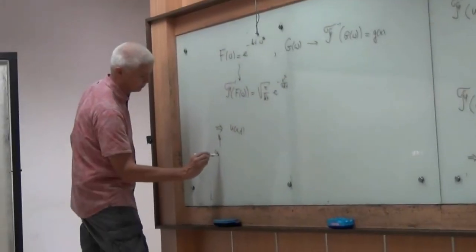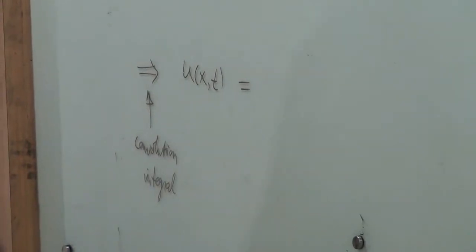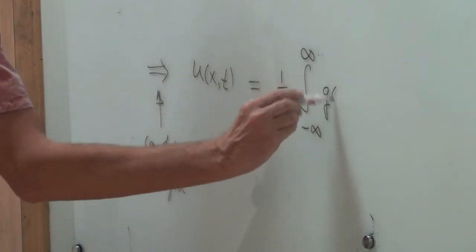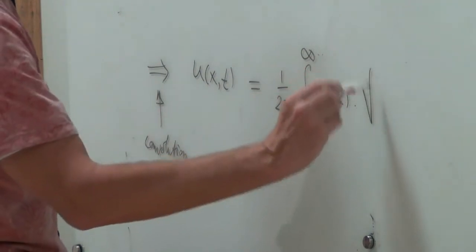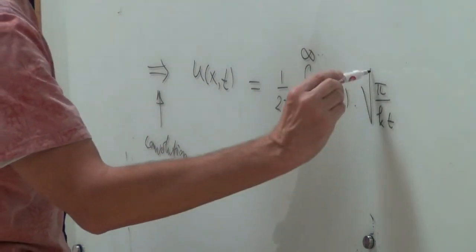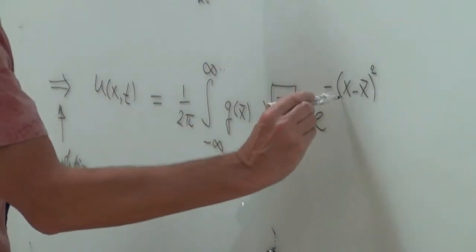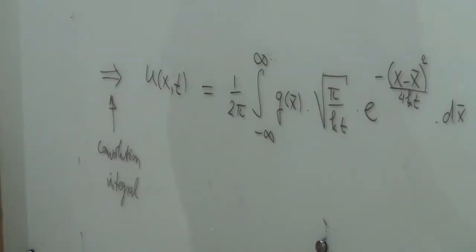So to obtain u(x,t), I use the convolution integral, and then I find that my u(x) is 1 over 2 pi, integral from minus infinity to plus infinity, g(x bar), and then f(x minus x bar), so I get the square root of pi over kt times e to the power minus x bar squared over 4kt, dx bar.